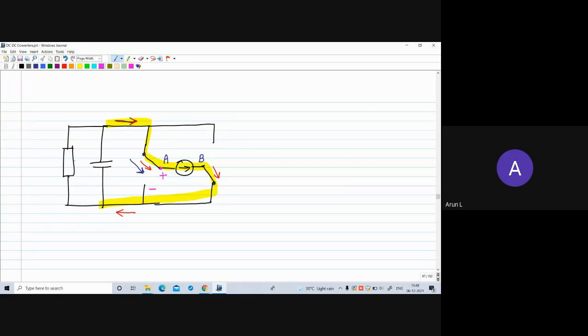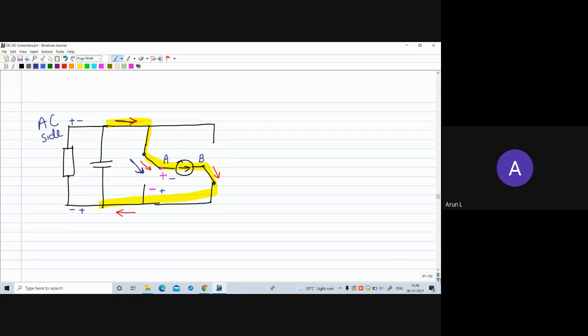But remember that this is now an AC side. On the AC side, at one instant this may become plus minus, and at another instant this may become minus plus. So your switch has to block voltage of both polarities, whereas it conducts current only in this direction.